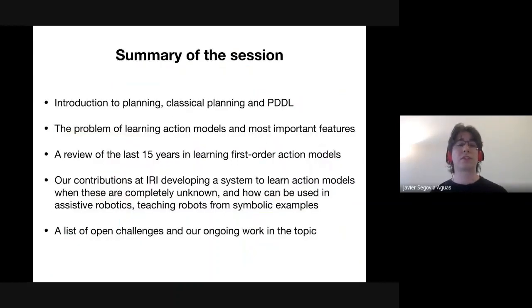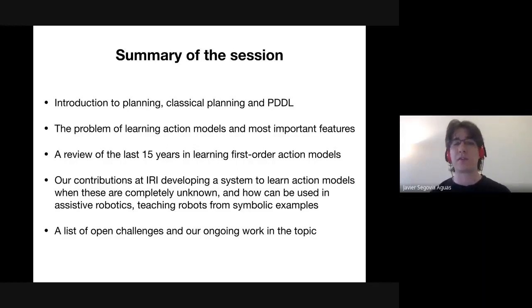So just summarizing the session, we have seen an introduction to classical planning and PDDL, that is a language. We have at least tried to understand the problem of learning action models and the most important features.